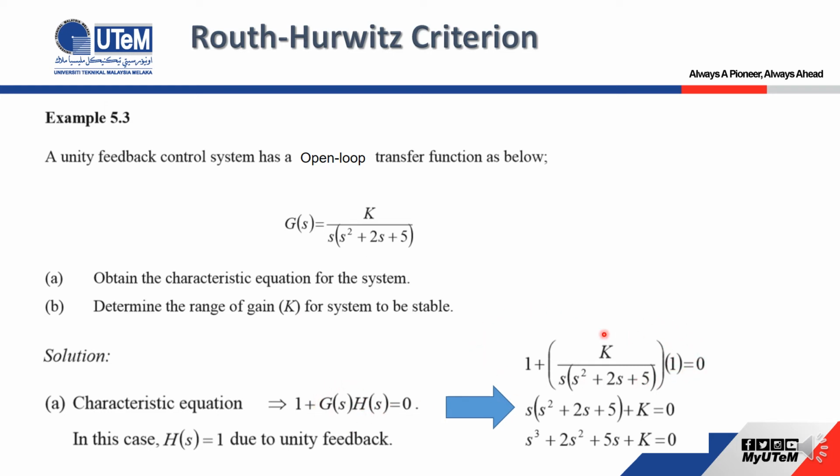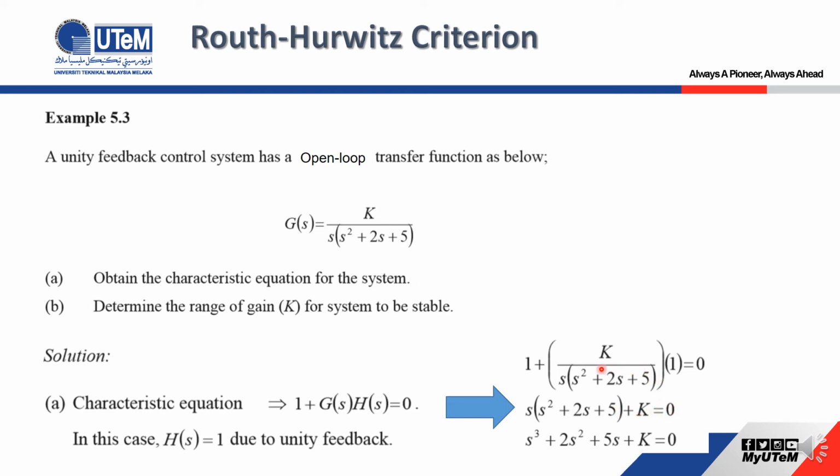Based on this result, after we rearrange by making the denominators of this component and this component equal, we get s times (s squared plus 2s plus 5) plus K equal to 0.